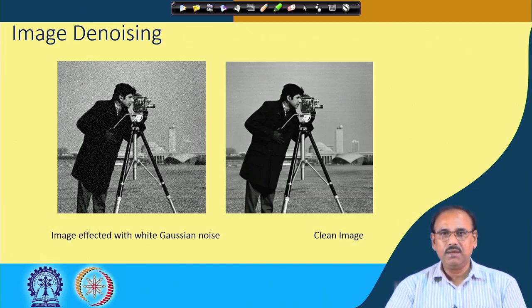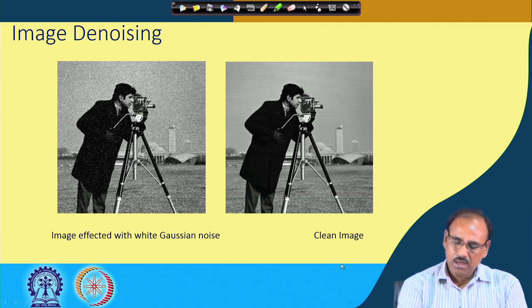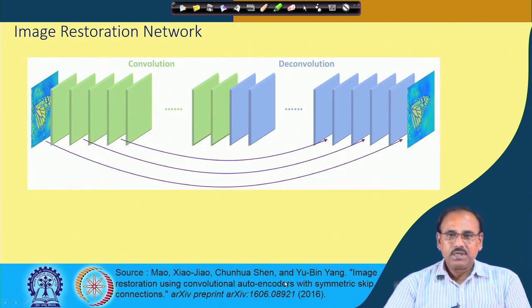Obviously, the image on the right hand side is much better than the noisy image on the left. So, I want my neural network to perform this similar task, that is, this noise filtering operation. Let us see how we can do it.